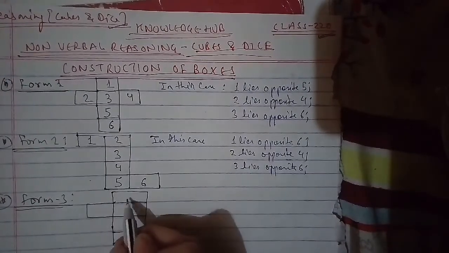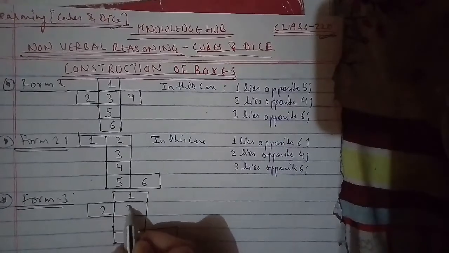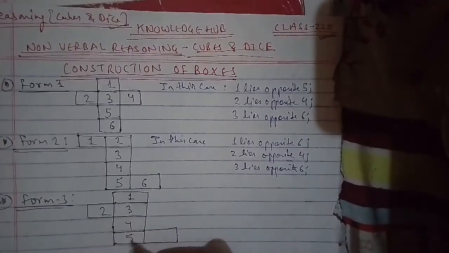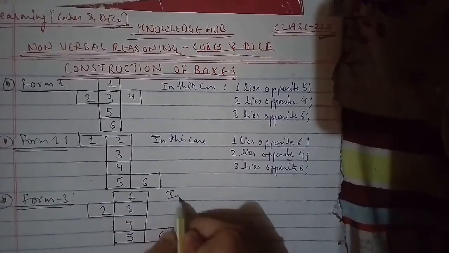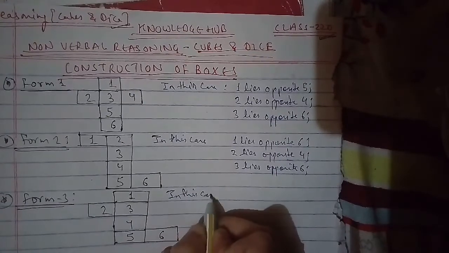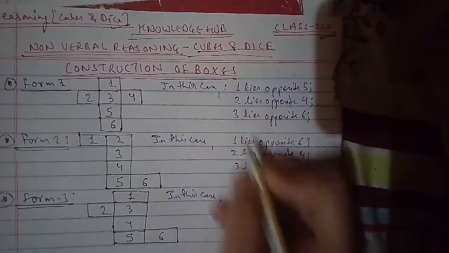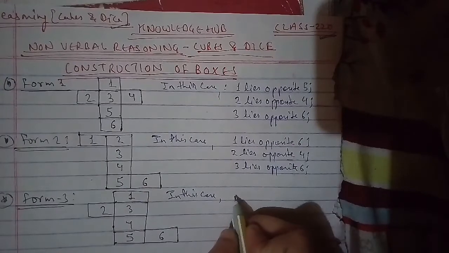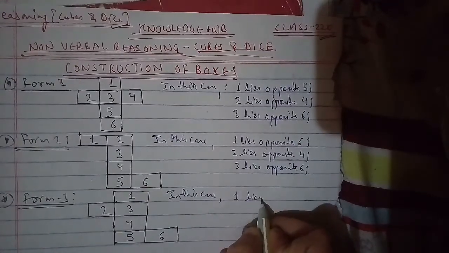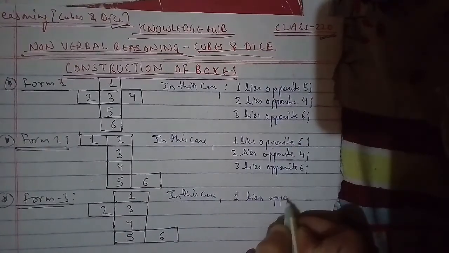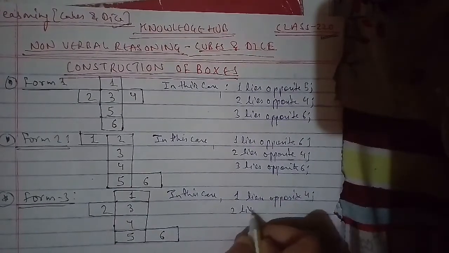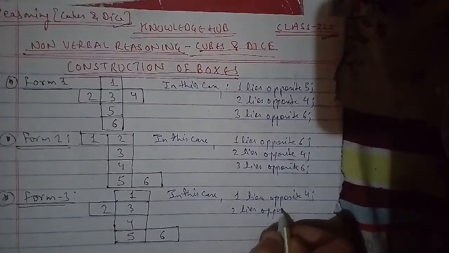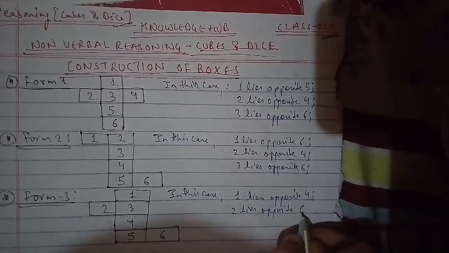In this case, 1 lies opposite 4, 2 lies opposite 6 and 3 lies opposite 5. Okay, now we'll go ahead. These were the 3 forms.